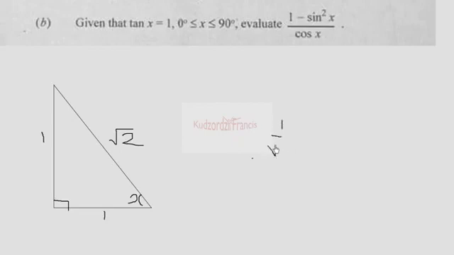And if you rationalize 1 over root 2, you get root 2 over 2, which will give you the answer for this thing. Or you can still put 1 over root 2 here and 1 over root 2 here and simplify. You still get root 2 over 2.